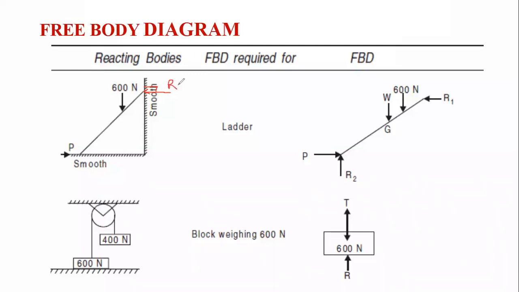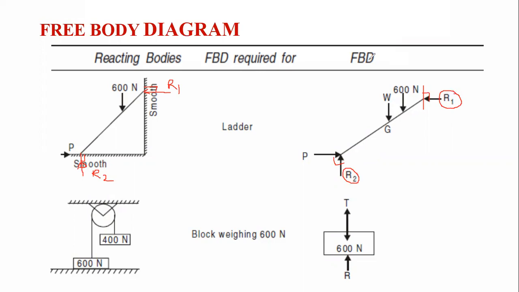Let us consider this one is reaction number 1, and since it is also a smooth surface, only one vertical reaction is there. And reaction number 2 is also normal to the support. It means that it makes an angle of 90 degrees here as well as 90 degrees over here, and that is nothing but reaction R1 and reaction R2, which are shown in this figure.